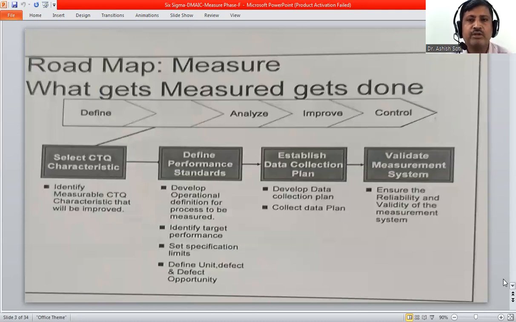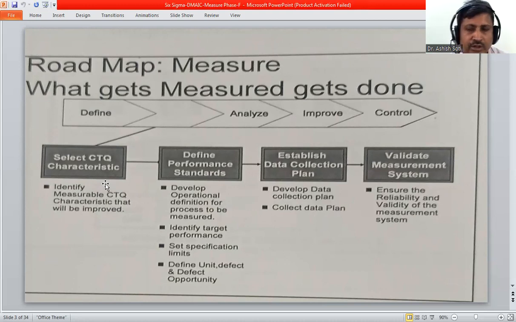What is going to be under this phase of measurement? Under this we are going to see how to select CTQ characteristics. CTQ means critical to quality. So why will a characteristic become critical to quality? Critical to quality means something that is important to the customer.